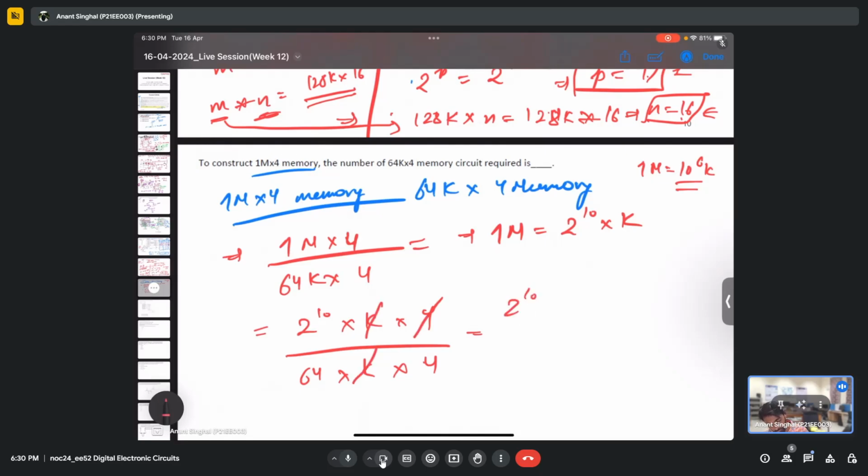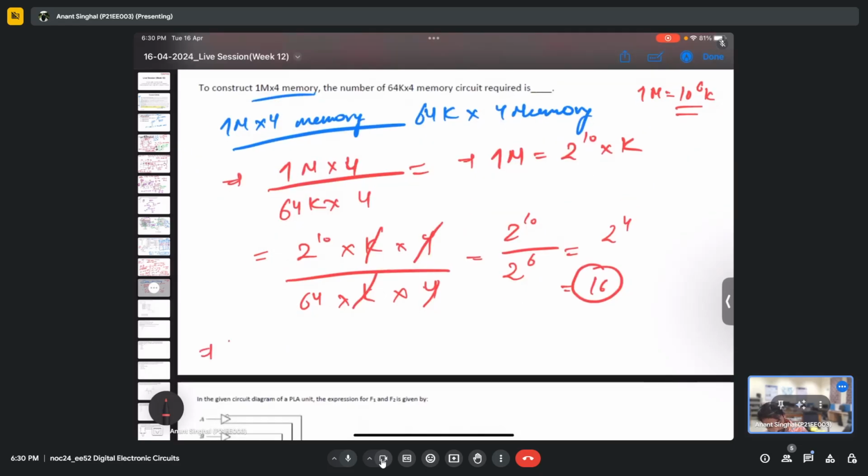This kilo and 4 will cancel, and 64 is again 2 raised to 6, so it will give out to be 2 raised to 4, that is 16. So 16 memories of 64k cross 4 are required to build a 1 mega cross 4 memory. So the correct answer will be 16 here.